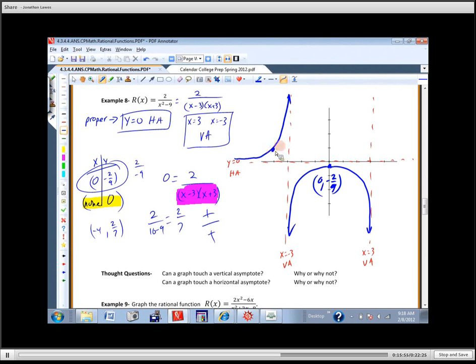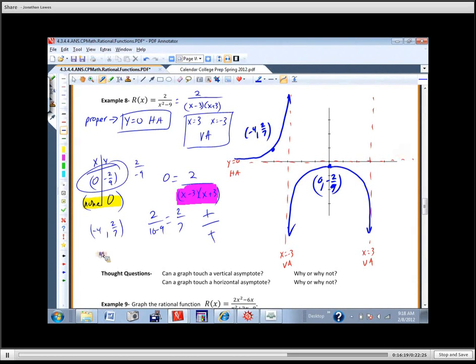Now, if I label this point as -4, 2/7, even though it doesn't look like 2/7, that's not too bad. If you knew it was 2/7, maybe you'd want to make it a little bit shorter. Okay, but that's fine. Okay, Kang, what point do you want to pick over here? +4.